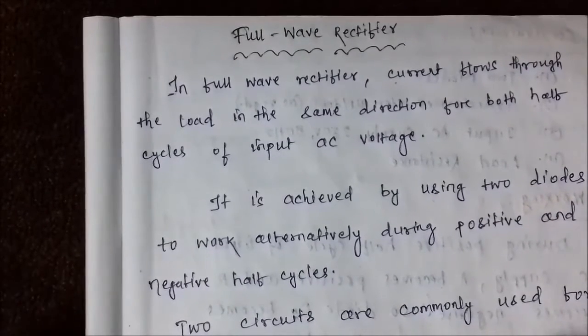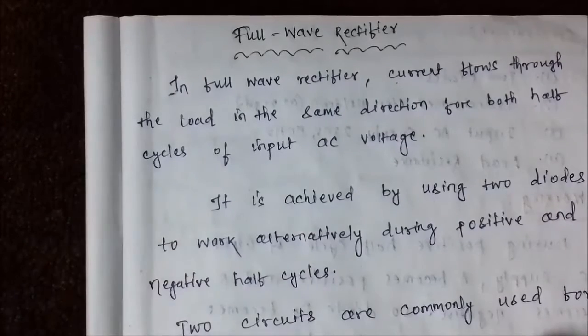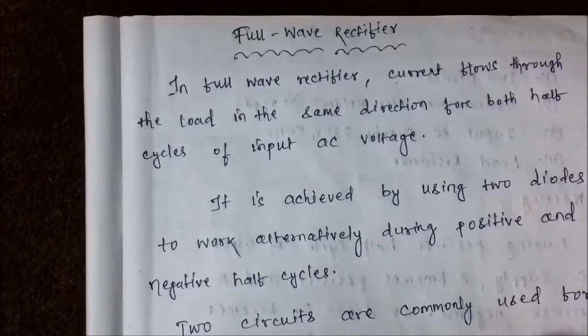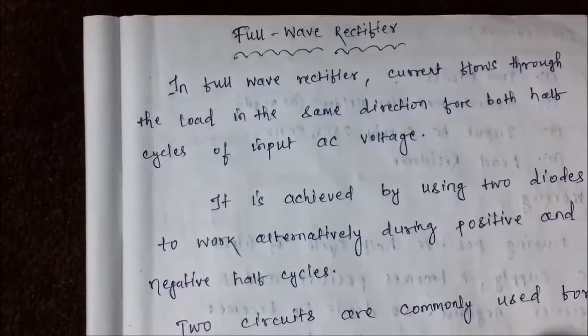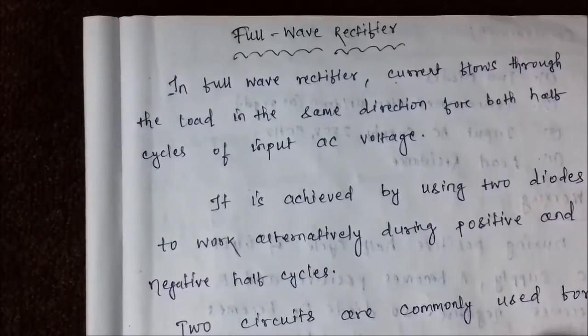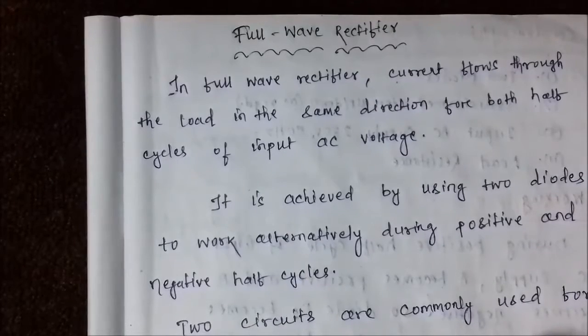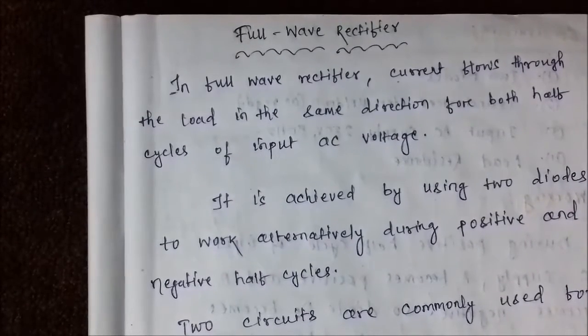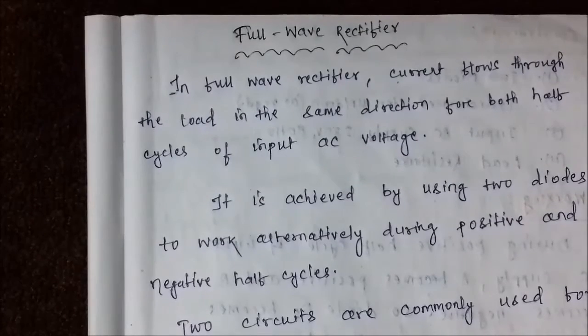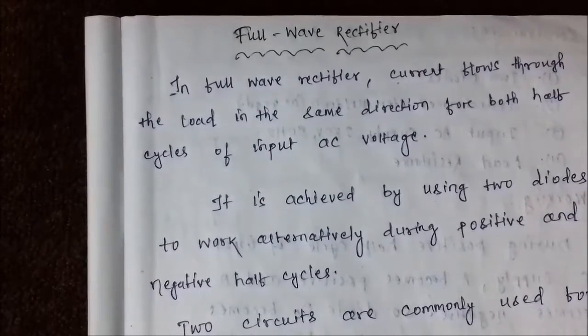One of the disadvantages of the half wave rectifier is that it utilizes only one half cycle of the signal waveform, that is the positive half cycle. It's activated only during the positive half cycle, during which conduction of current takes place, while it is off during the negative half cycle. This disadvantage of the half wave rectifier is overcome by the full wave rectifier.